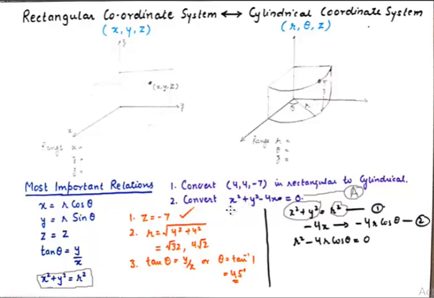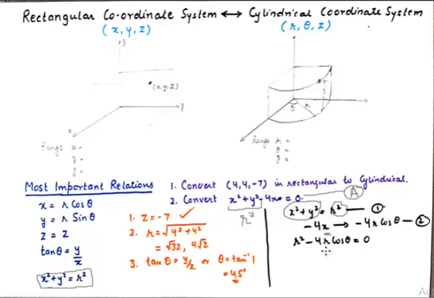So in this equation, these two terms can be directly put up as r square, and what I'm left with is minus 4x. So minus 4 into x is r cos theta, so I can write minus 4 r cos theta.